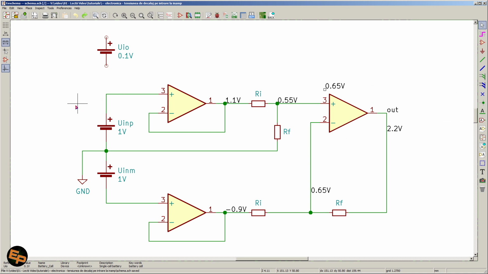So in an ideal case, if we have plus 1 volt and minus 1 volt input voltages, the difference is 2 volts, so on the output we should see 2 volts relative to the ground.